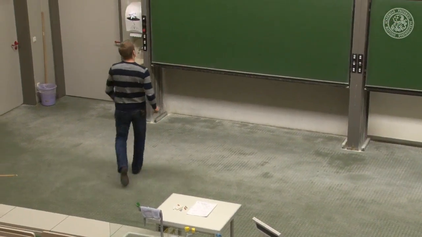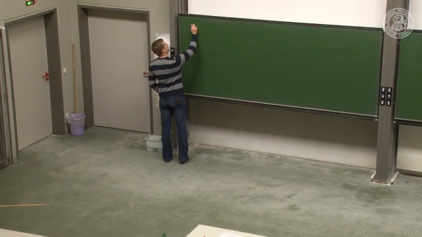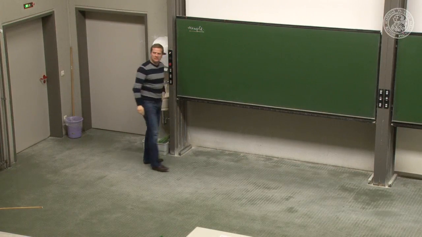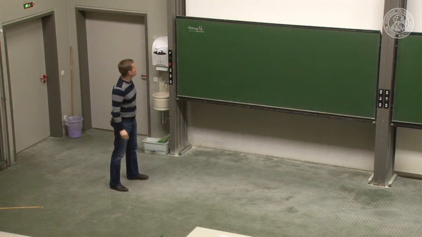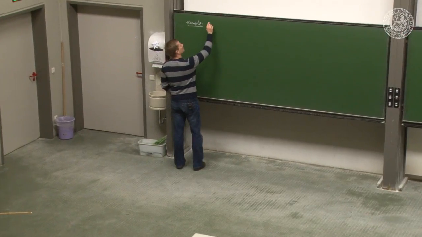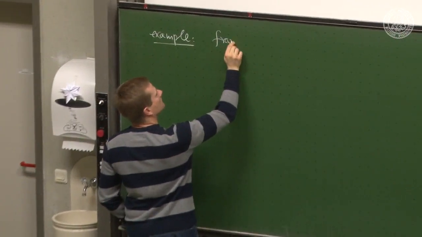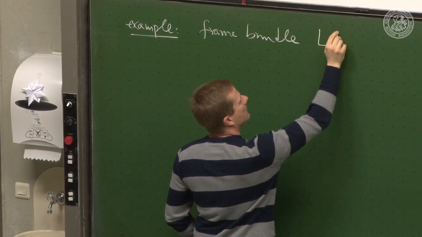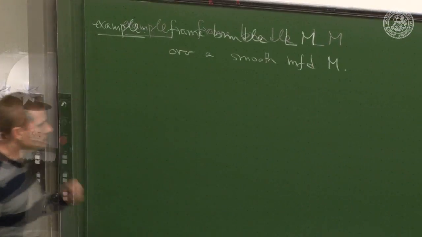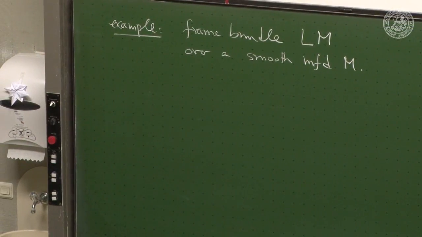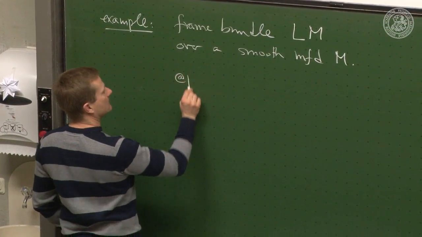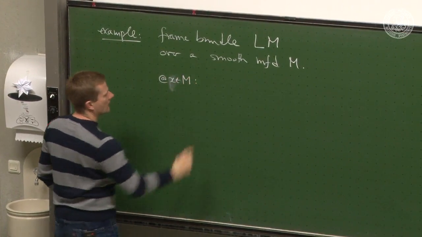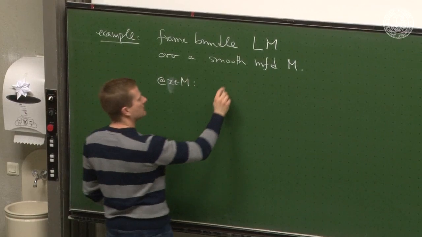So we'll now consider a particular example for a principal G bundle. And this example is of the utmost importance in differential geometry, and that's the so-called frame bundle, which goes by the name LM. And this is defined as follows. First, at a particular point x in M, we consider the following set.